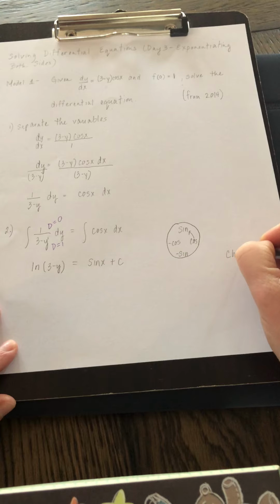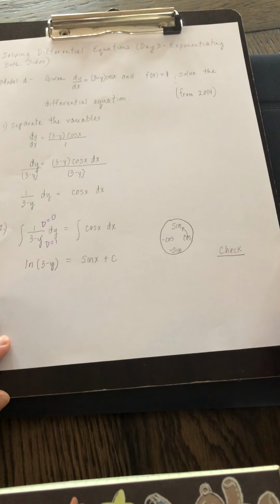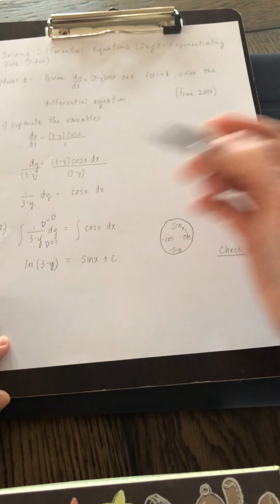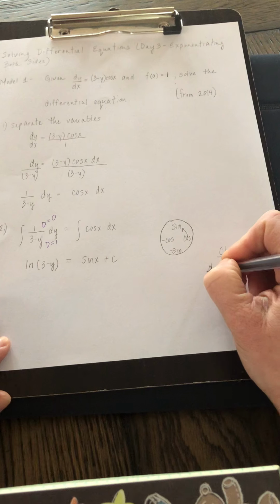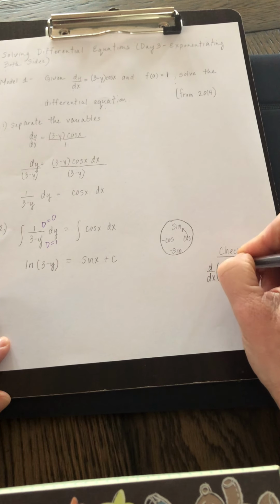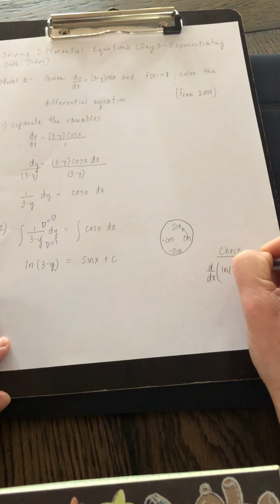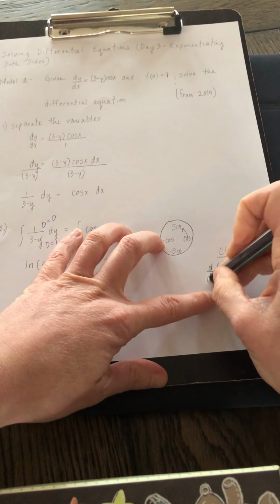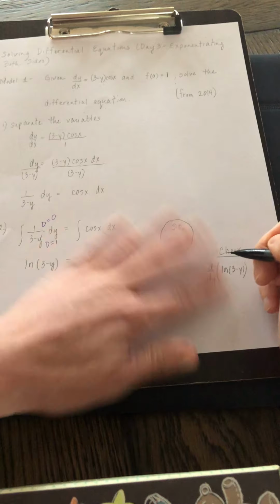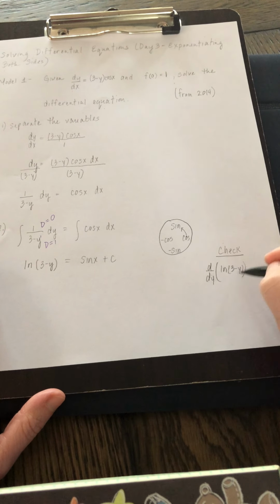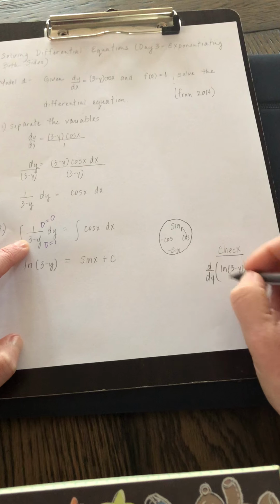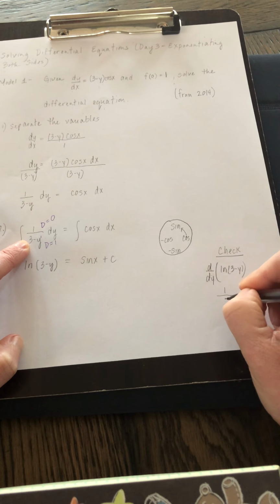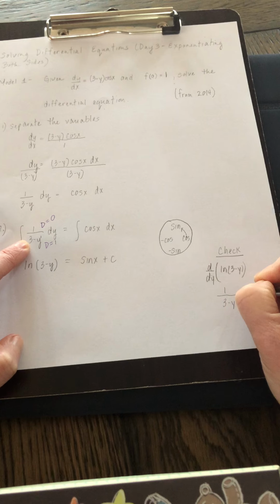But we always want to do a quick check to see if that's sufficient enough. So we are saying that if we find the derivative, I should change this to y, excuse me, that it should look exactly like this, right? And the derivative of a natural log is 1 over u times the derivative of u.